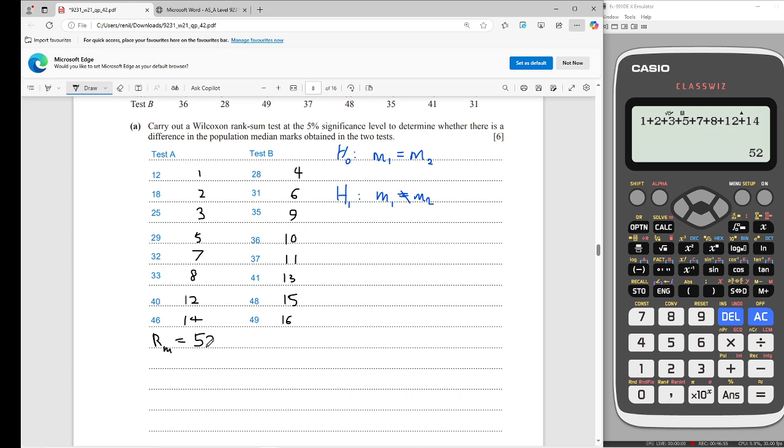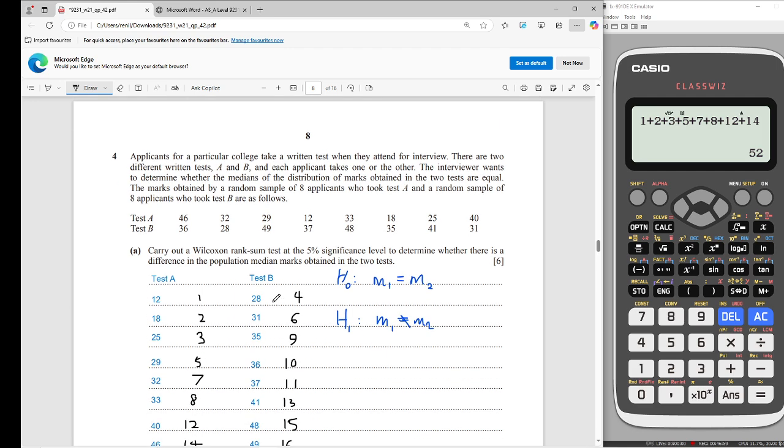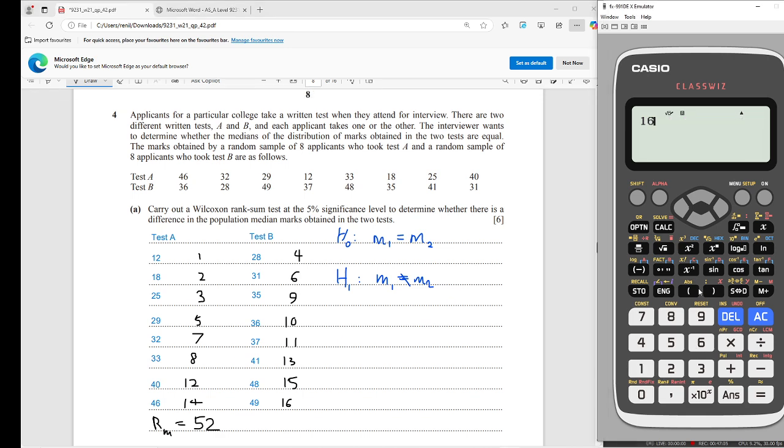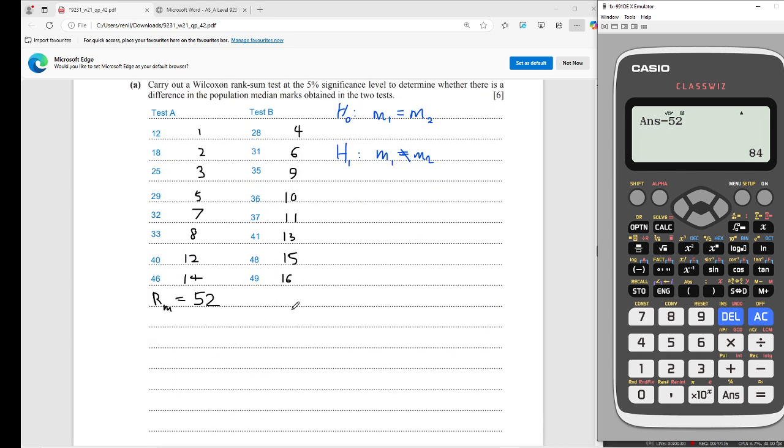Since we're numbering them from 1 to 16, given that there are totally 16 samples, we can just use the summation formula to find the total sum of everything, and then just subtract 52. You can get this, it's 84.